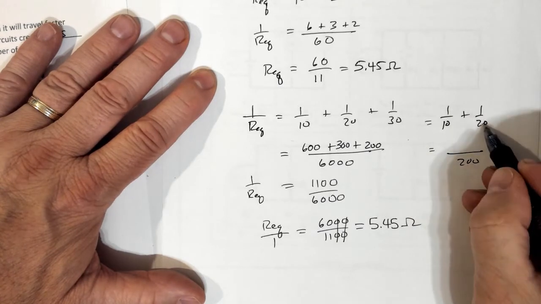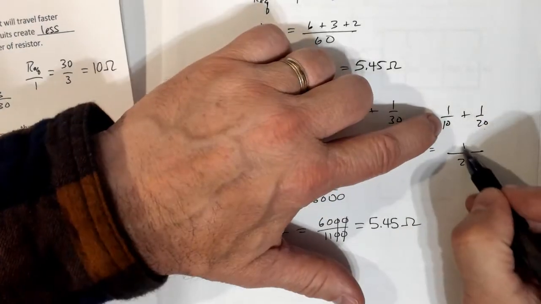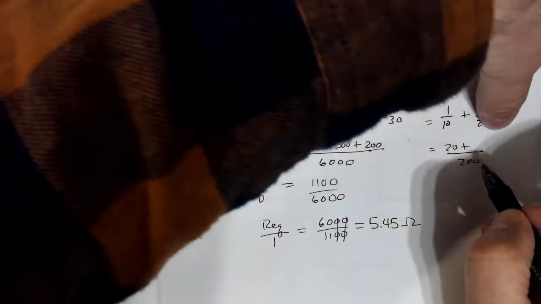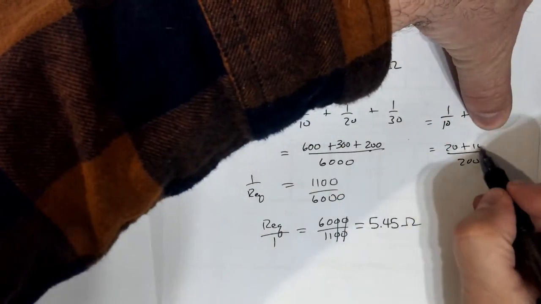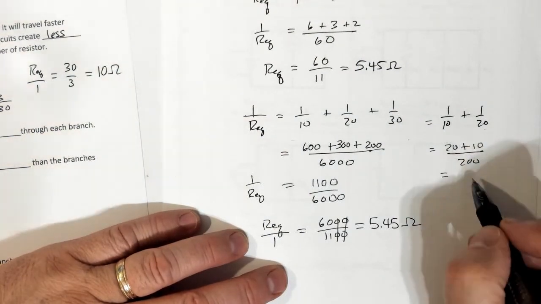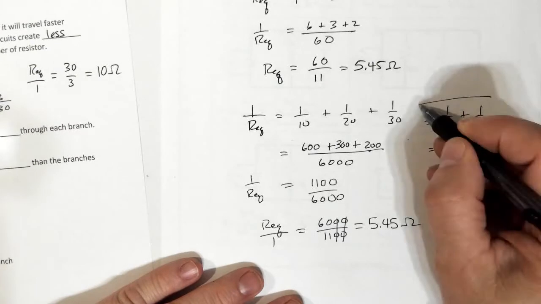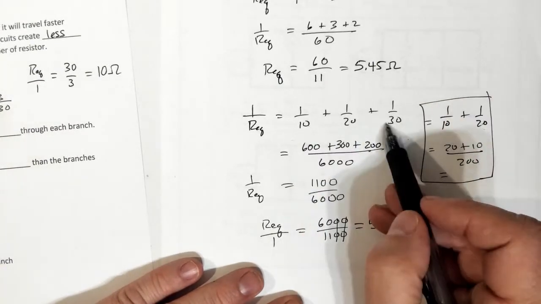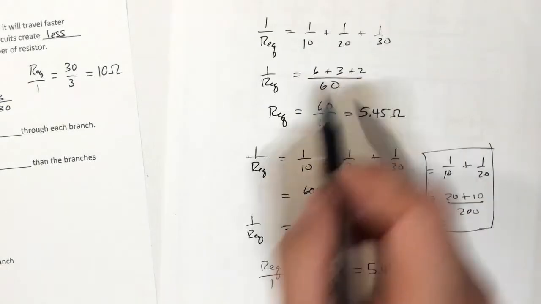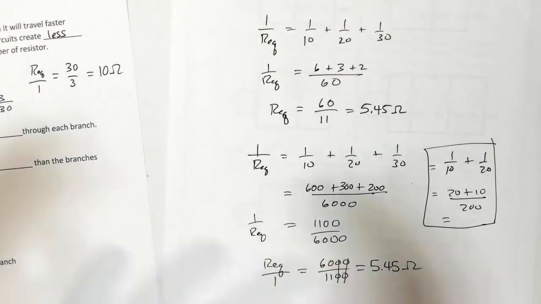Then I cover this one, the 20's left over, so I put that there. Then I cover the other one, the 10's left over, I put that there. I get 30 over 200, and then you flip it. So you can do it with 2 numbers, 3 numbers, 4 numbers, but that's a fast, easy way if finding common denominators is difficult for you. So I just wanted to show you that.